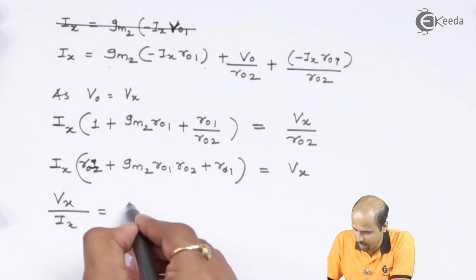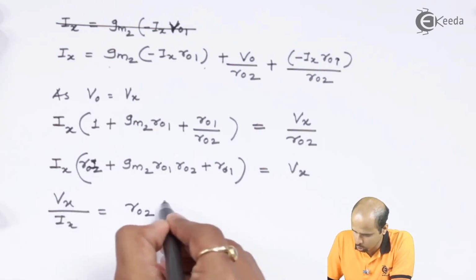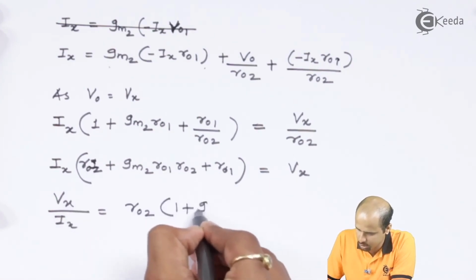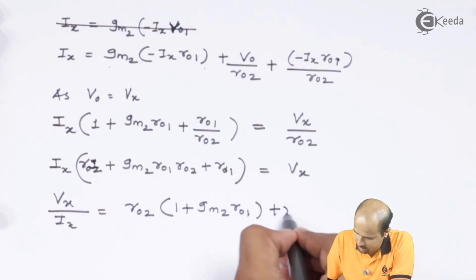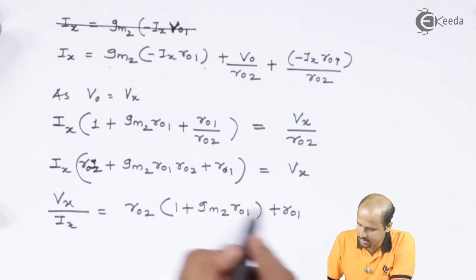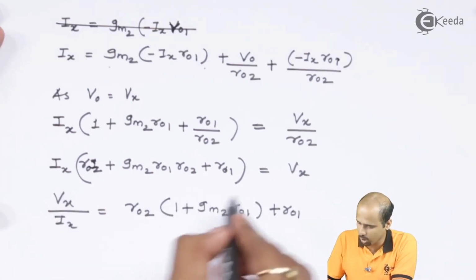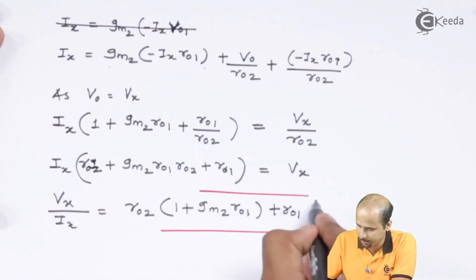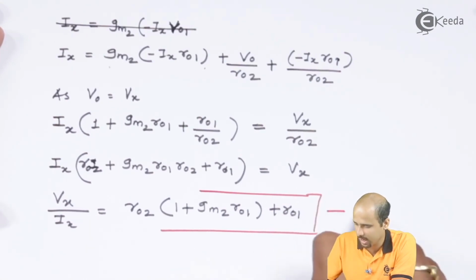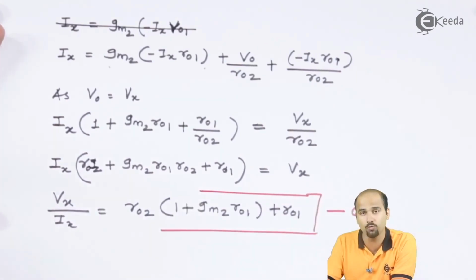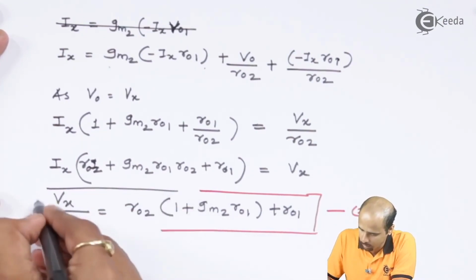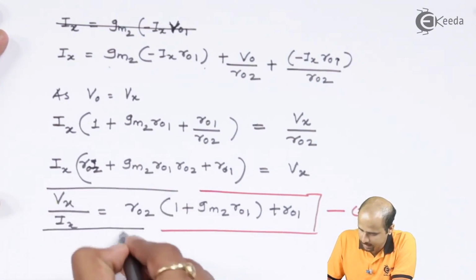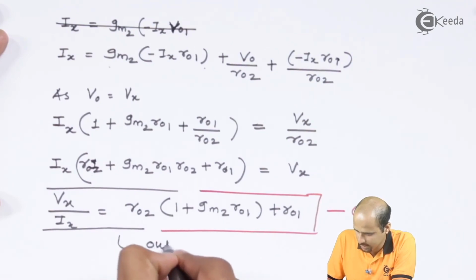Here I am taking ro2 common, so ro2 in bracket 1 plus gm2 ro1 plus ro1, and this is nothing but the value of the output resistance that I am getting, right? So this is the other equation that we wanted to find, and that is nothing but your output resistance.